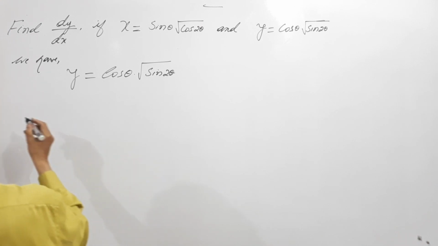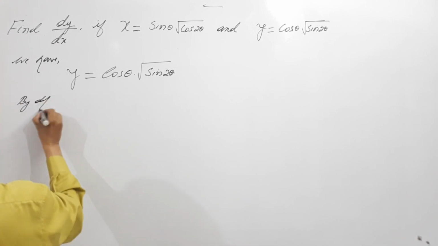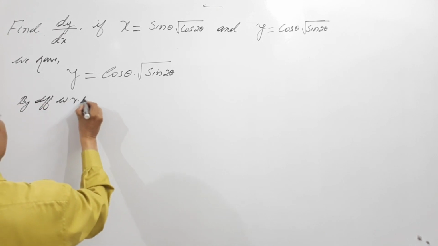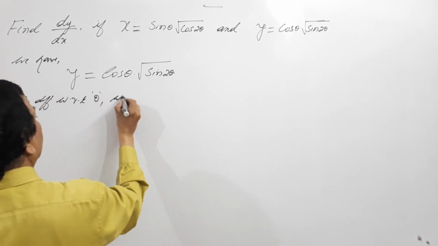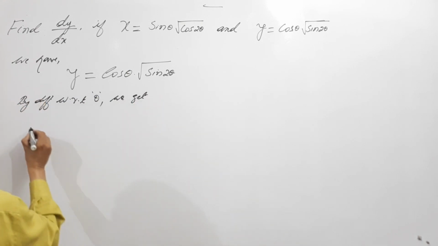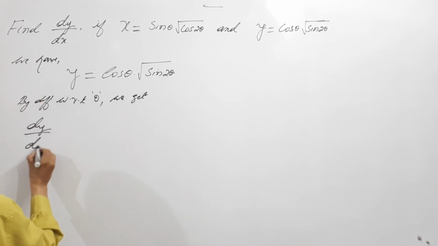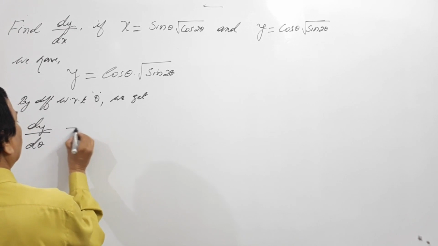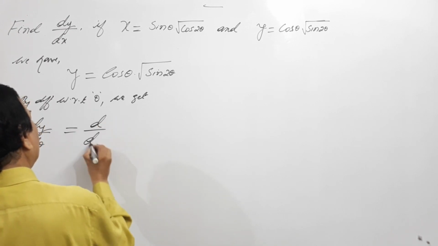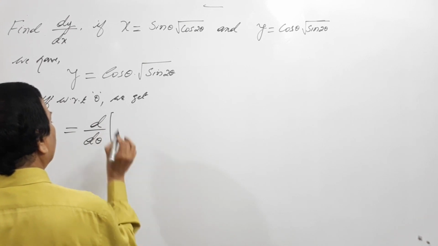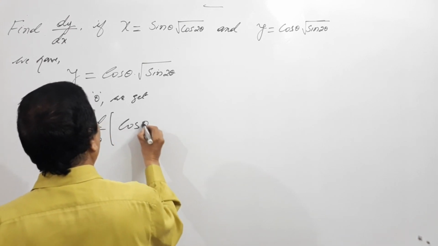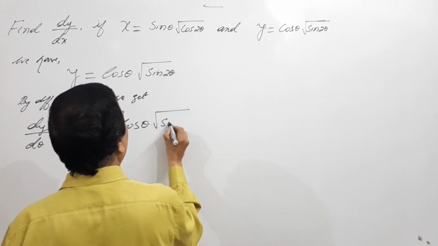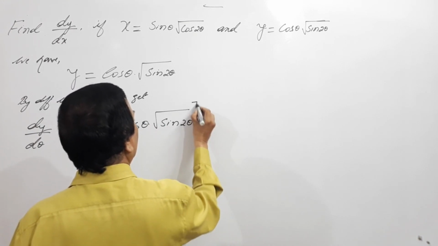By differentiating with respect to theta, we get dy by d theta equals d by d theta of cos theta into under the root sin 2 theta.